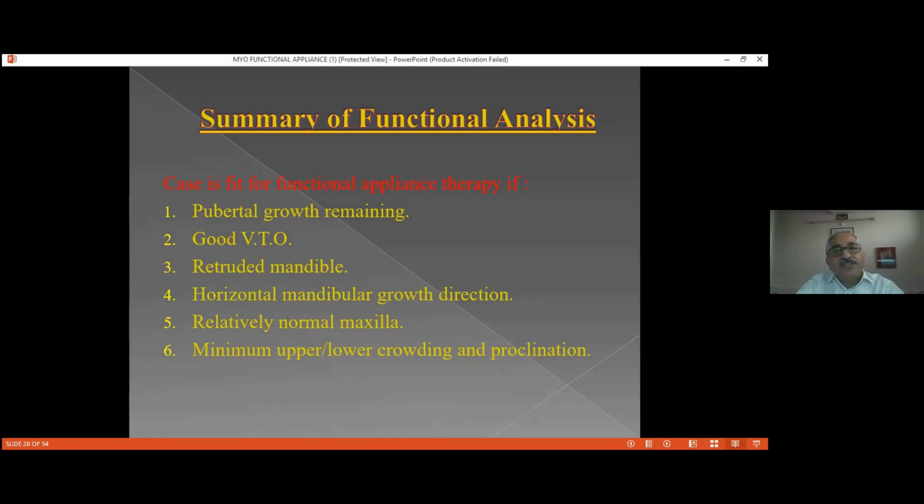With the myofunctional appliances bringing the mandible forward, we find that the patient's profile is significantly improved.